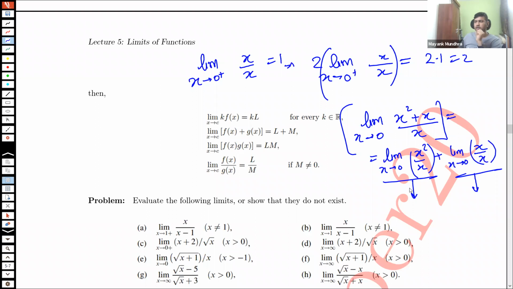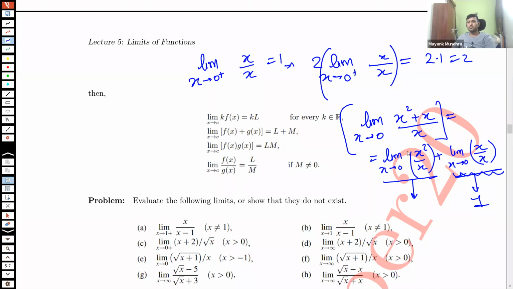Are you here with us, Akshi? Sorry, sir, I'm not able to answer. What is going to be this limit first of all? Limit x by x as x tends to 0. 1? Yeah, 1, because they cancel out, we get 1.